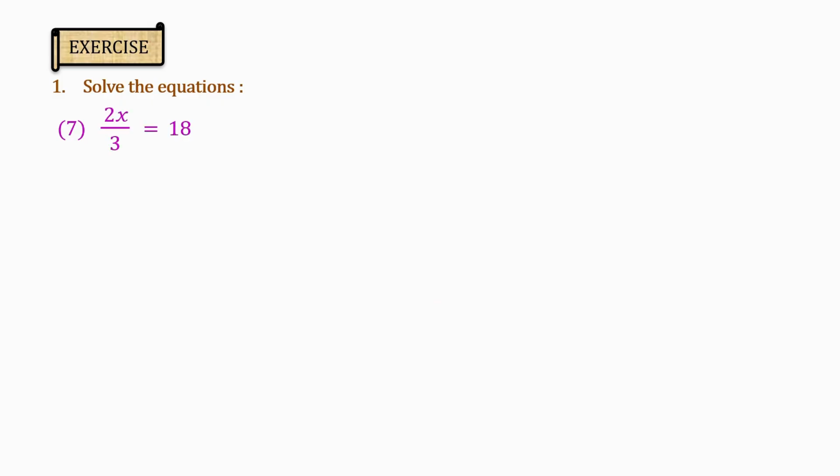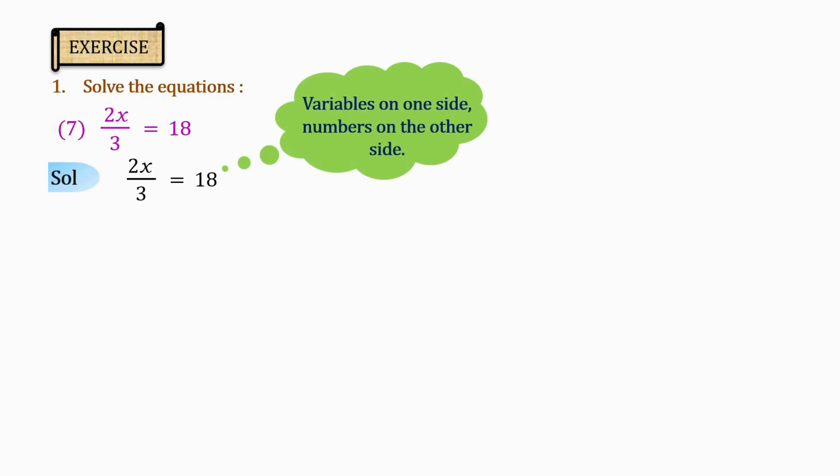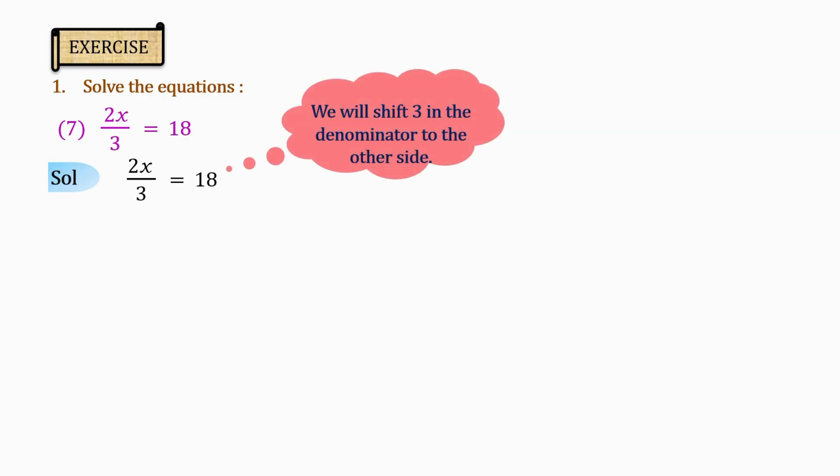Now another problem, 2x by 3 equal to 18. Same, variables on one side and numbers on the other side. So first we are going to shift 3 in the denominator to the other side.